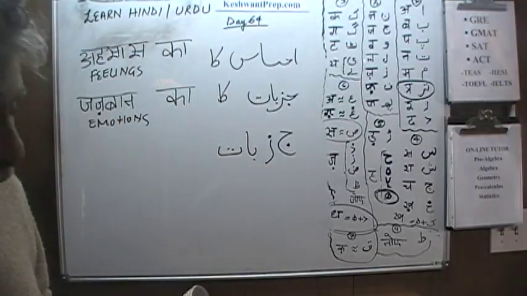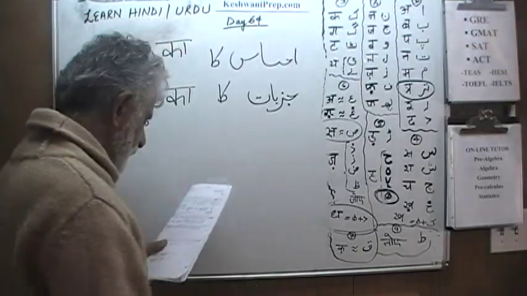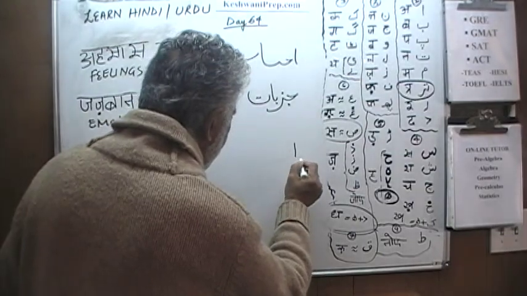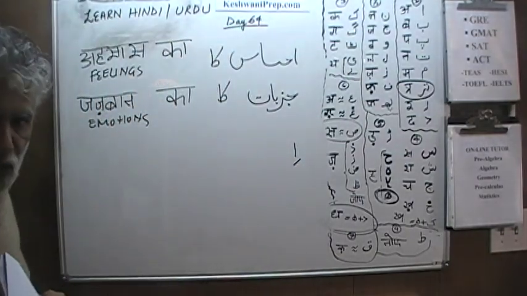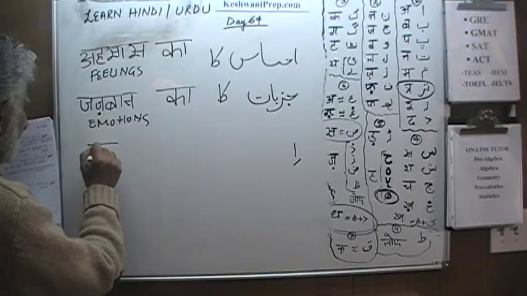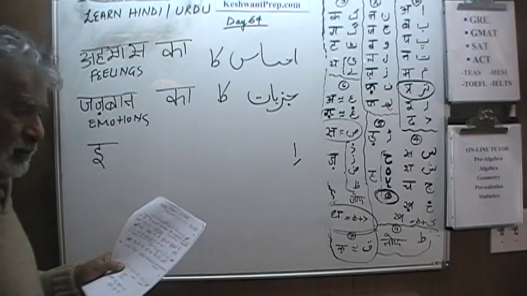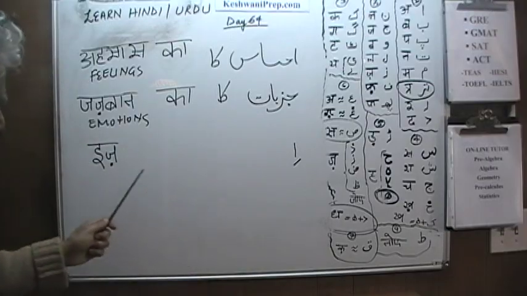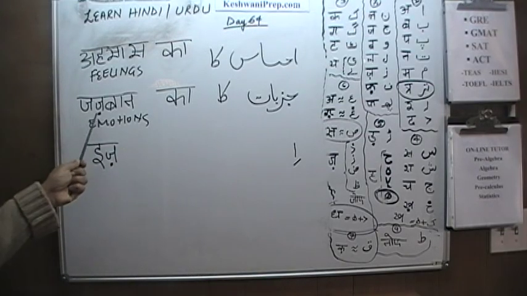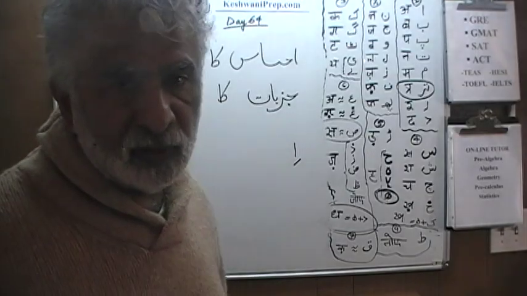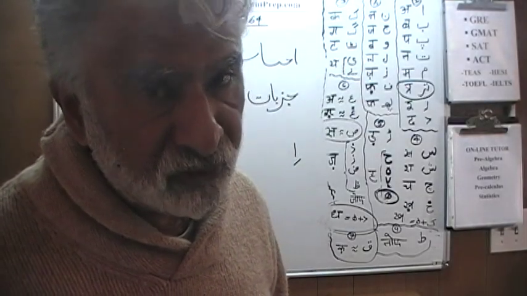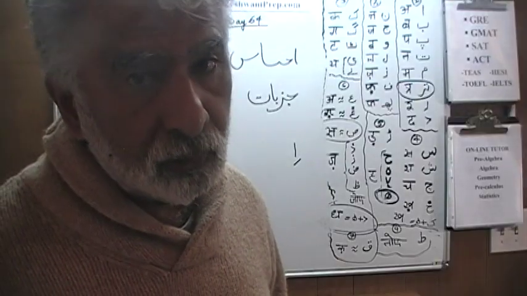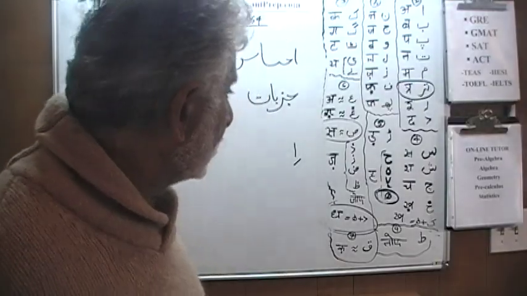And the next word is a vocab word, very much a vocab word. We have alif and a zair, which gives a choti e. Then we have a z. But this is a tricky one. The question is which z? Not only does Hindi not have a letter for z, which is why you put a dot underneath j to make it a z, but in Urdu it gets even more interesting.